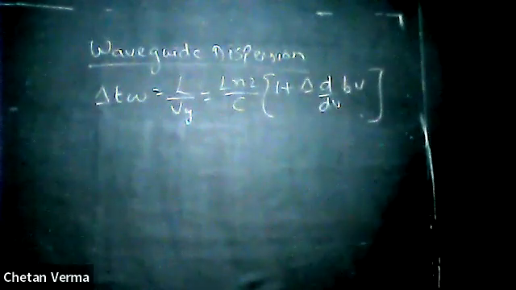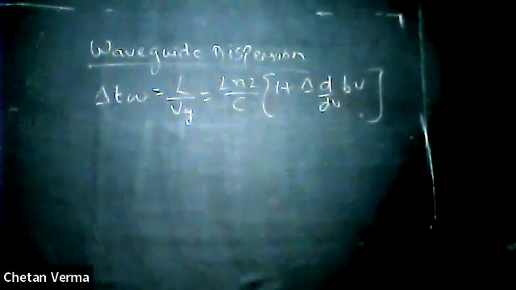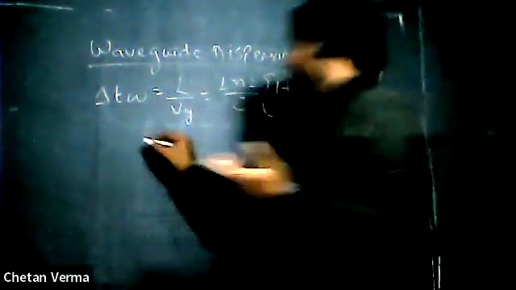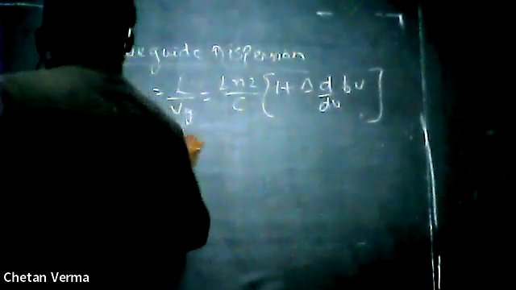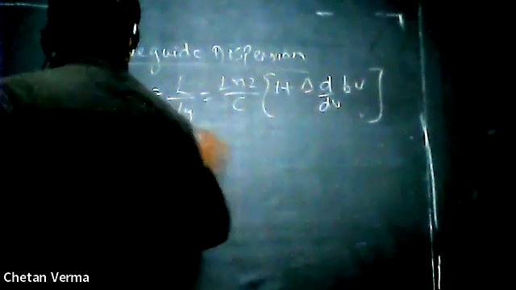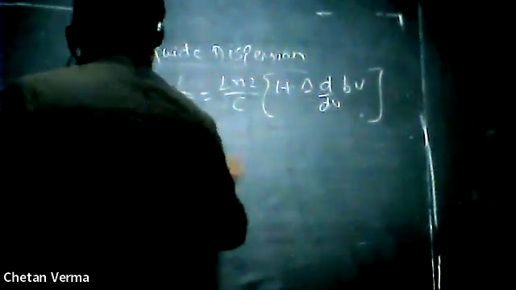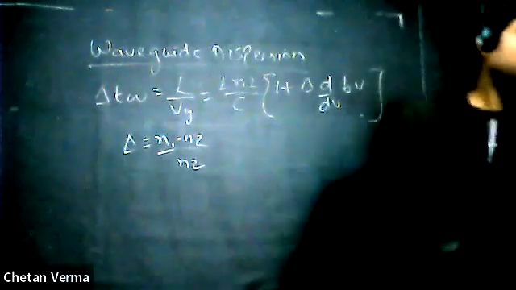Here delta is the relative refractive index, approximately equal to delta = (n1 minus n2) divided by n1.